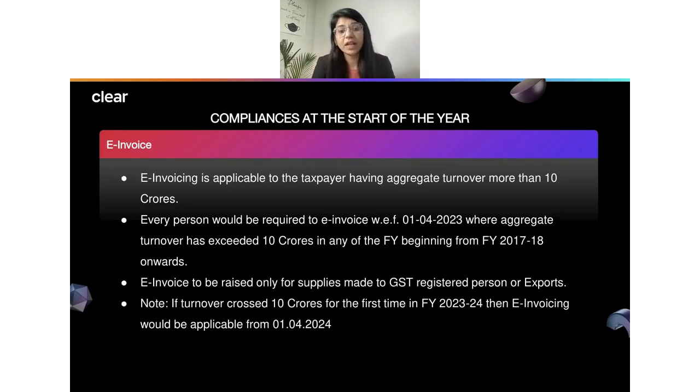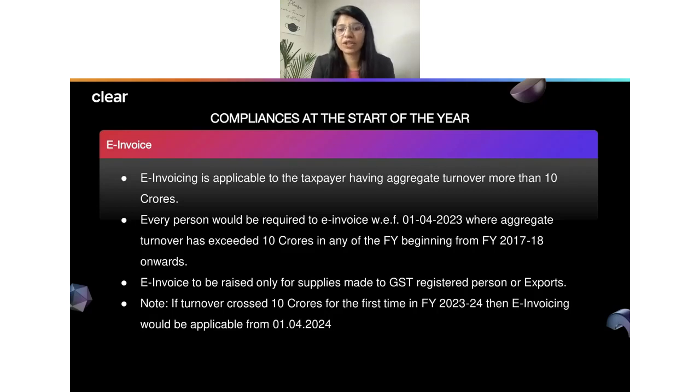But you don't have to combine it. It's not like I will combine all the turnover from 17-18 till 2023 and then check whether e-invoicing is applicable or not. That's not the case. It has to be checked always at a financial year level. You check for every financial year, and in any of the financial years if it exceeded the threshold limit, then e-invoicing is applicable to you.